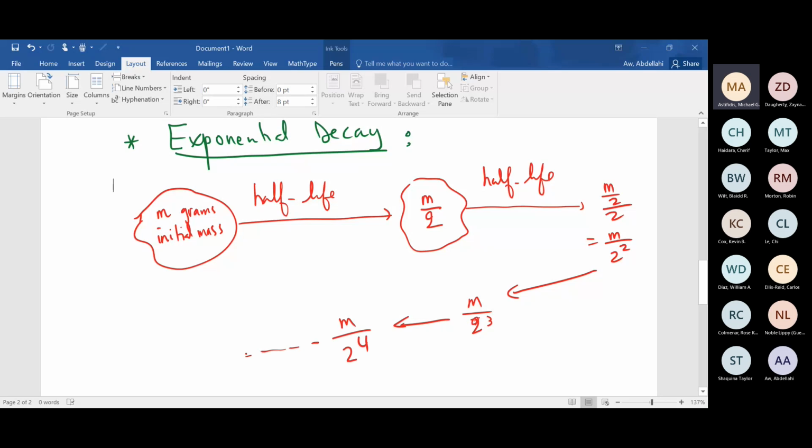After each half-life, the mass is divided by 2. So that is a good example of an exponential decay. It's something that is decreasing exponentially, all right?